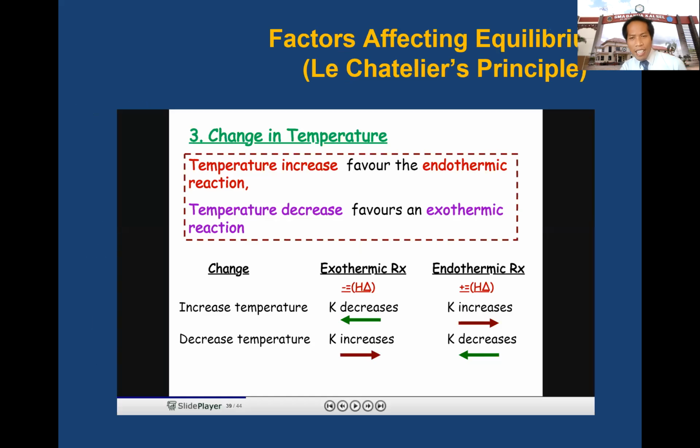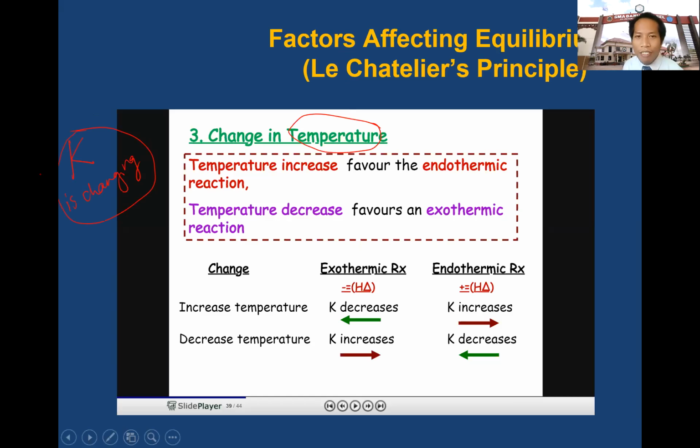Okay, guys, the next aspect is temperature. Now, when we are talking about temperature, the K value is changing. Please keep in mind, when we talk about temperature, only temperature will change K, the equilibrium constant.